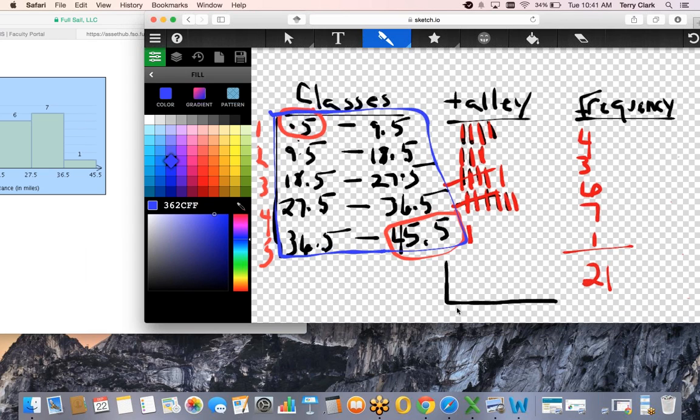So you're going to have 0.5, and then 9.5. You don't have to put the 9.5 twice, you just have to put it once. And the 18.5, like that. I can't put them all down here, so I'm not going to try to. I'm about to do this one kind of in the background.